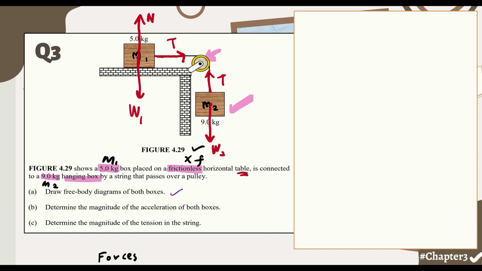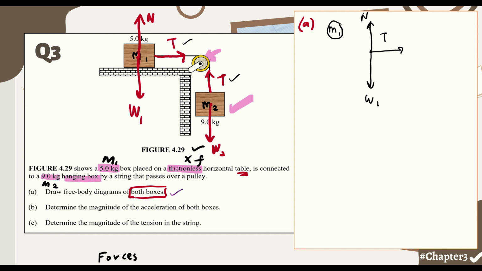Then for the free body diagram of both boxes, remember we are only allowed to draw one free body diagram for one object. So let us start with M1. For M1, we have T, we have W1, and we have normal. Let us focus on these two tensions here.